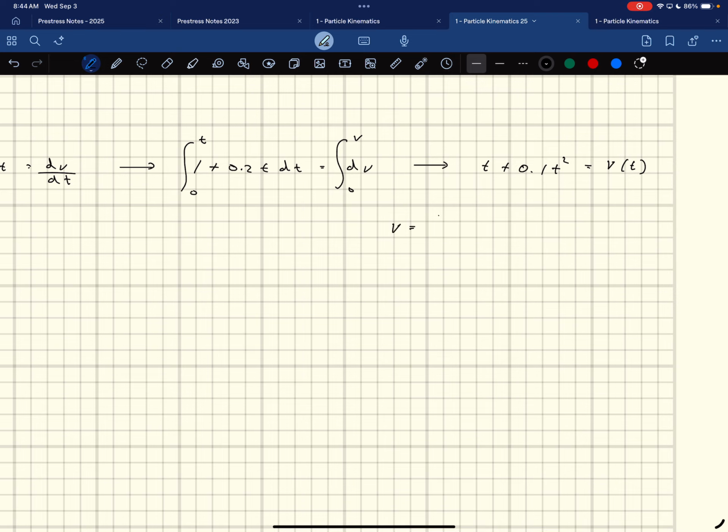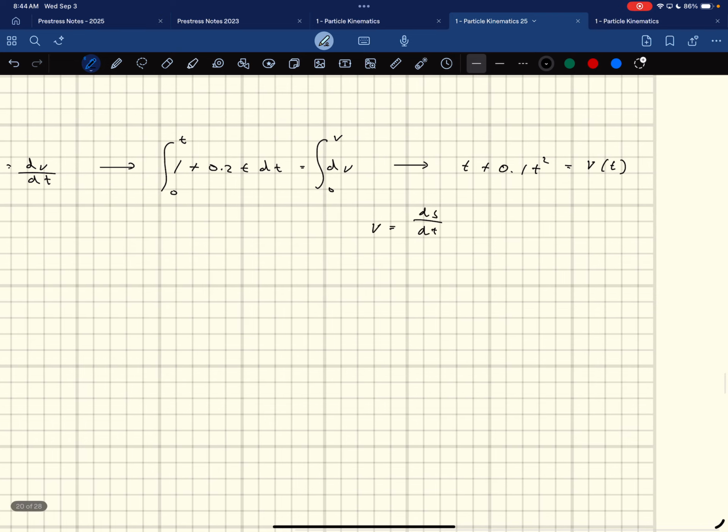v is equal to ds/dt. And so t plus 0.1t squared is equal to ds/dt. Put all the t's on one side: t plus 0.1t squared dt is equal to ds.